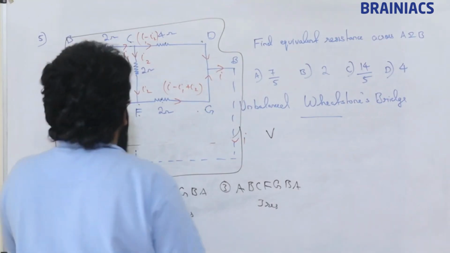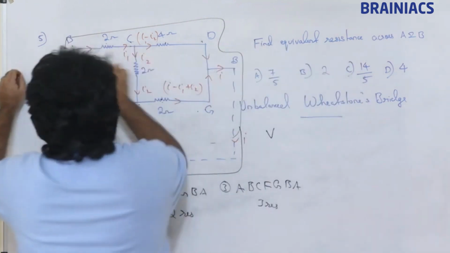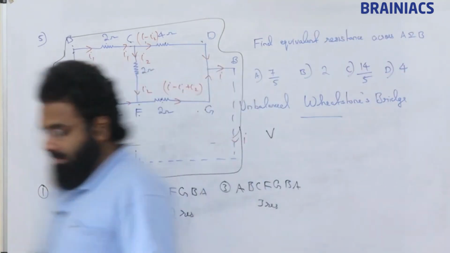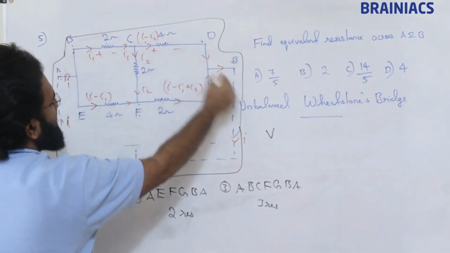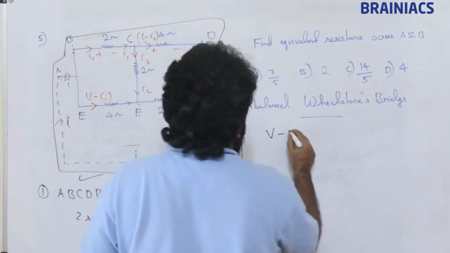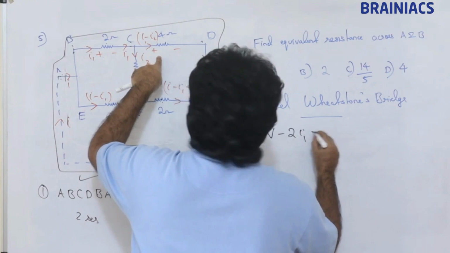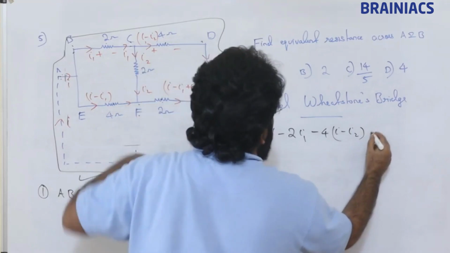Here current is moving in this direction, so we will mark the current direction as such. Plus minus, then plus minus. Likewise, V minus 2I1, then minus 4I minus I2, equal to 0.